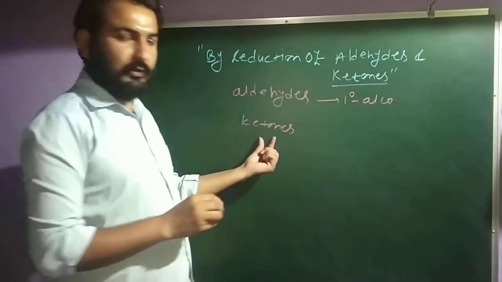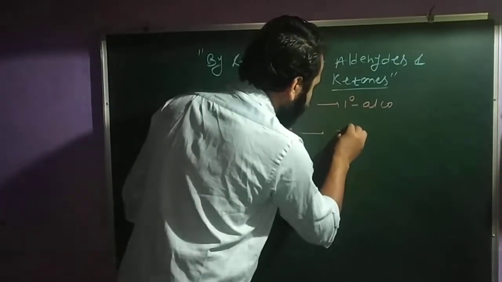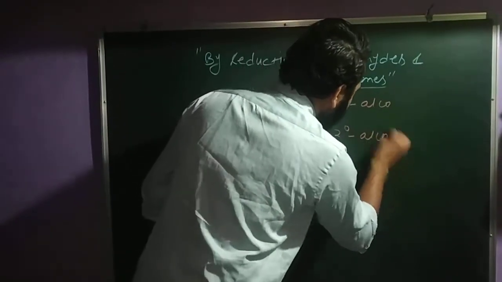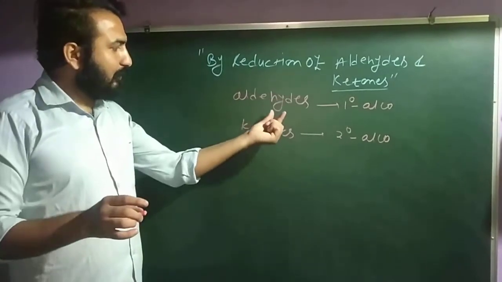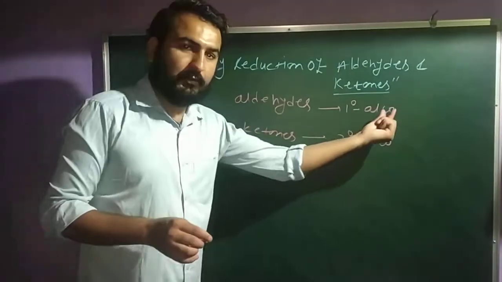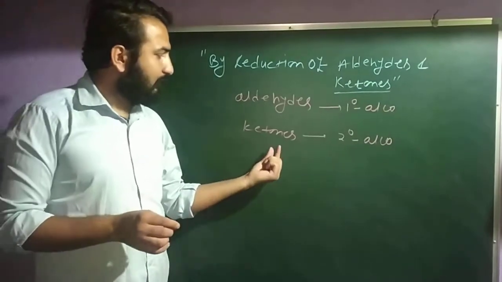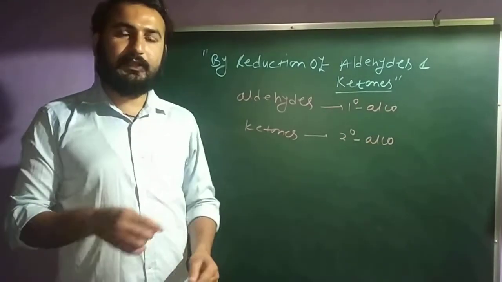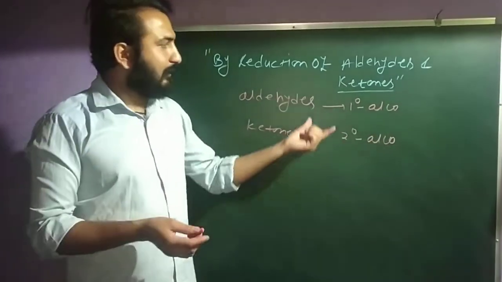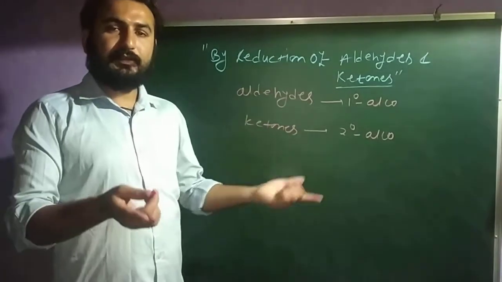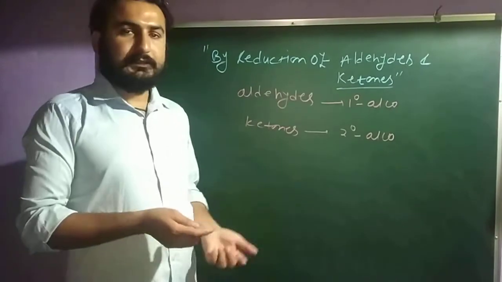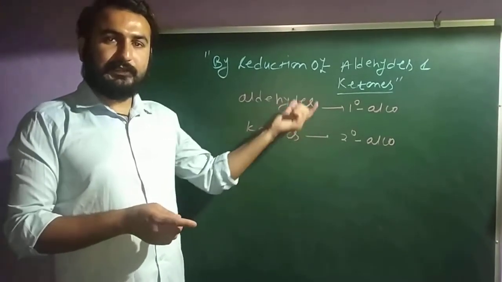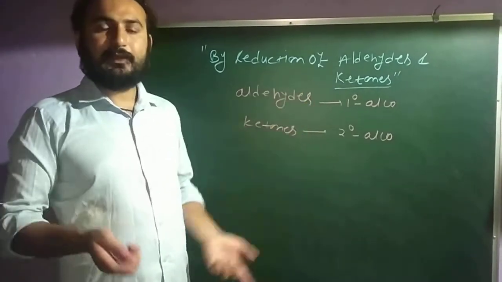And the reduction of ketone will give secondary alcohol. Clear? That means on the reduction of aldehyde comes primary alcohol, and on the reduction of ketone you get secondary alcohol. Clear? And the reduction is done in the presence of H2/Pt, and you can take LiAlH4, lithium aluminum hydride, and NaBH4 also.